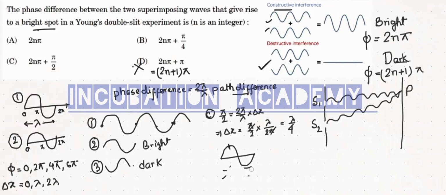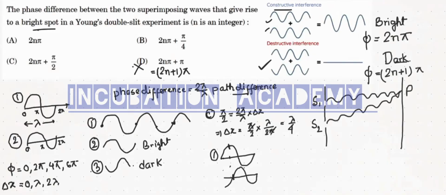What is the meaning of lambda by 4? If this is my first wave, the second wave starts its movement when it just crosses 1/4 of the wavelength, that is this much. So it starts from there. Amplitude is the same. So this is lambda by 4.